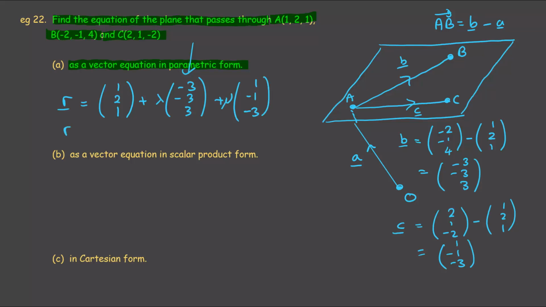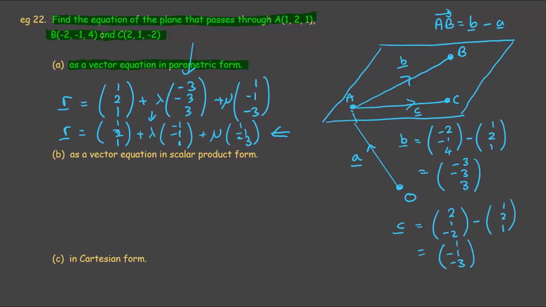As I say, we could simplify the other one. So r = (1, 2, 1) + lambda(-1, -1, 1), and if you wanted to only have one of them being negative, you could make that (1, 1, -1) if you wanted to. And then you've got mu(1, -1, -3). Strictly speaking, we ought to change the lambda to something else, but it doesn't really matter. As long as you end up with this answer or something equivalent to it, it would be fine.